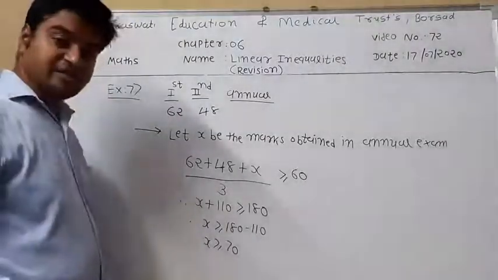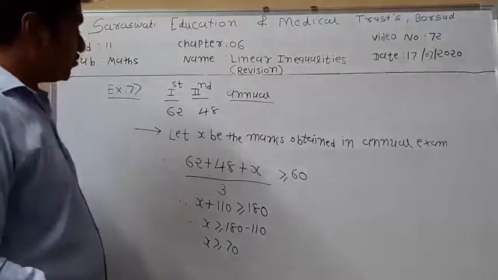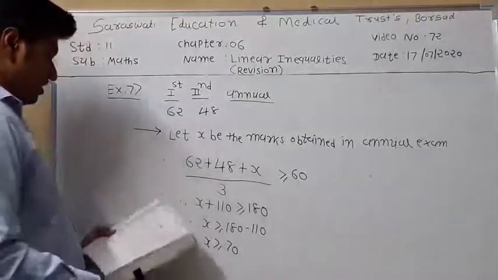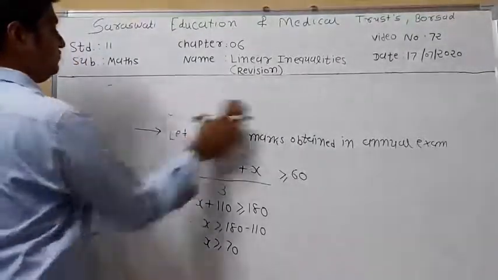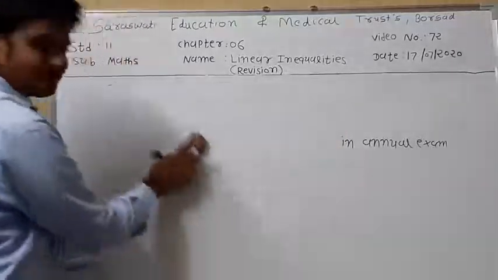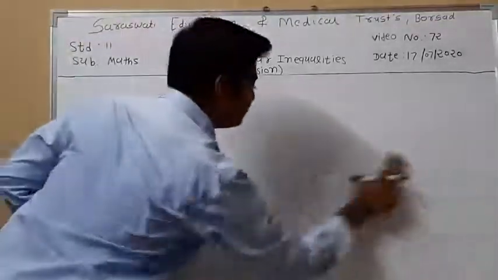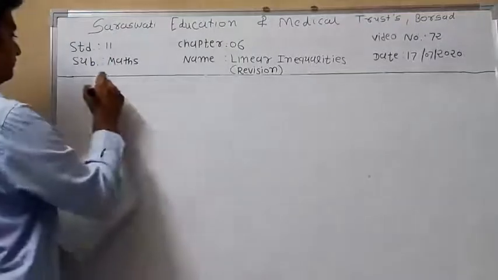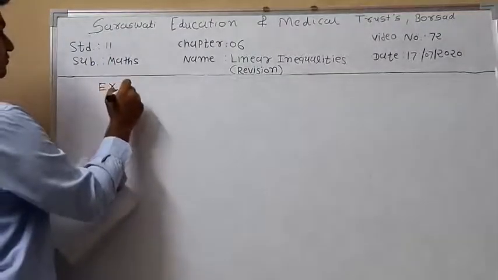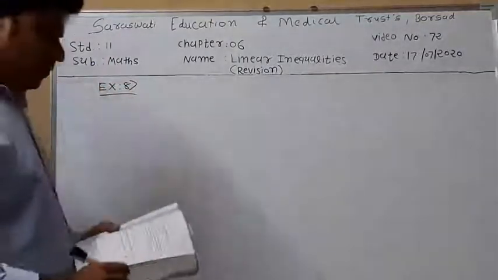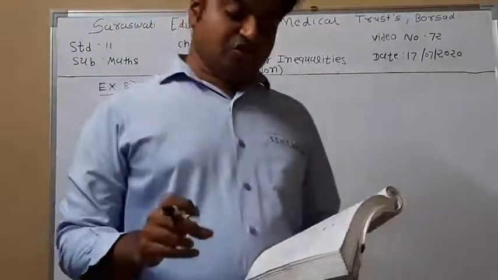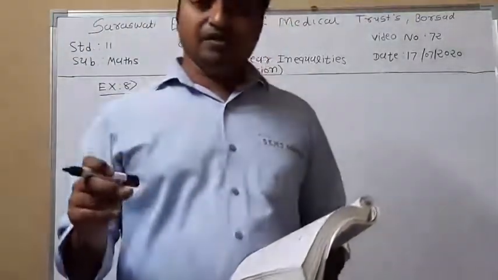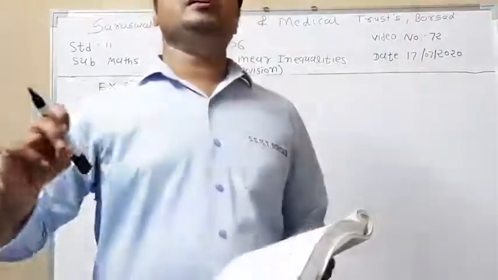Now the next question, example number 8. Find all pairs of consecutive odd natural numbers. Consecutive means in sequence.